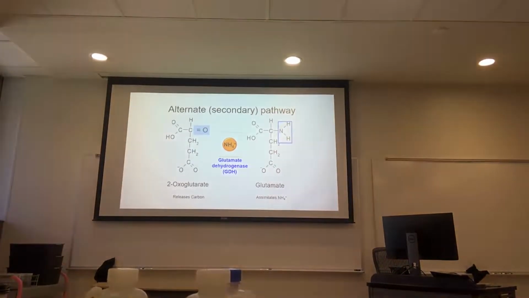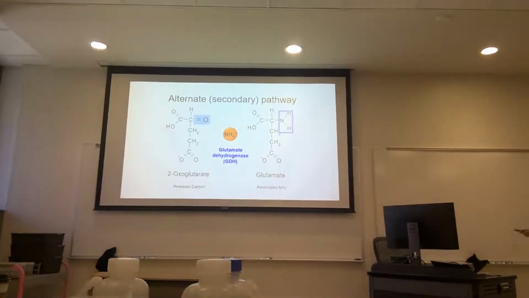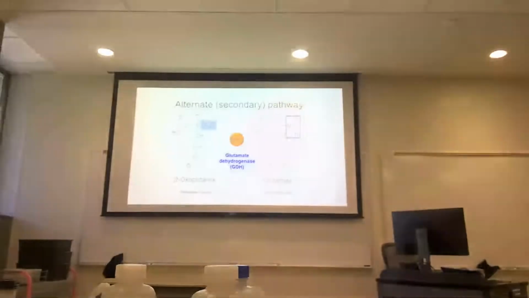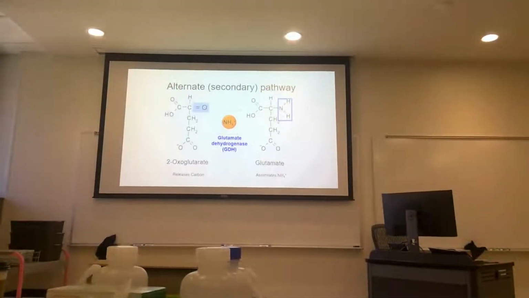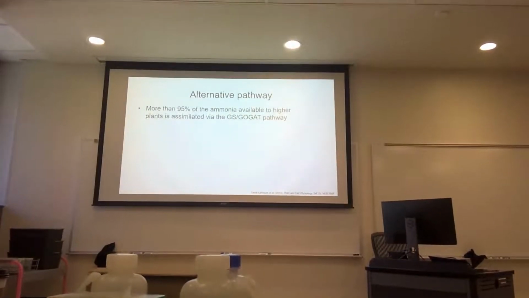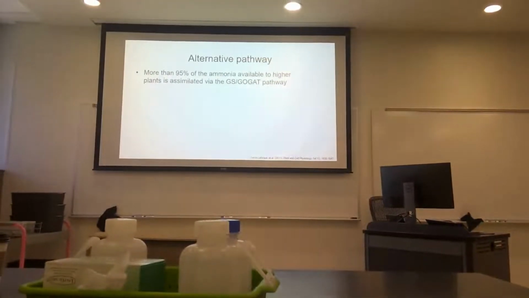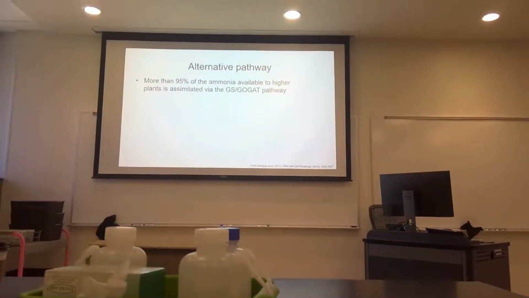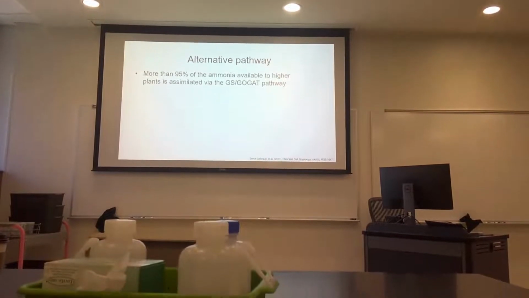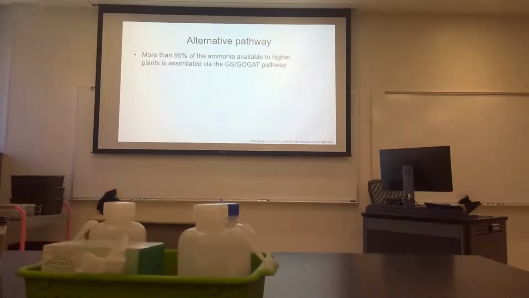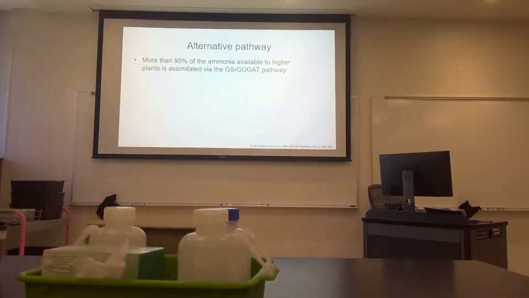But if the plant is low on carbon, sometimes it will activate this as a backup. More than 95% of the ammonium is assimilated by the glutamine synthase and glutamate synthase, the one with the two enzymes that we talked about.